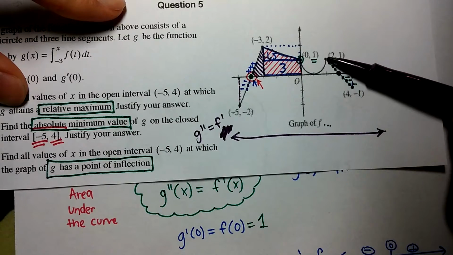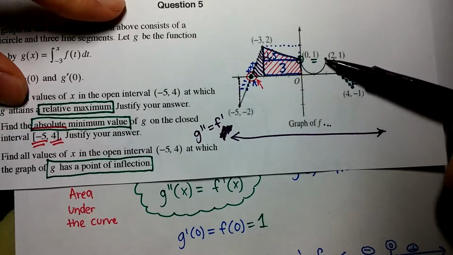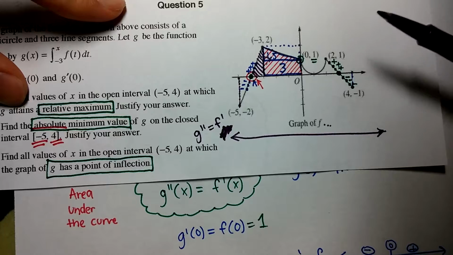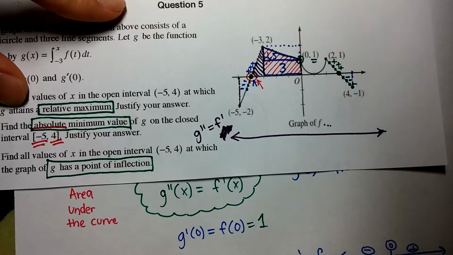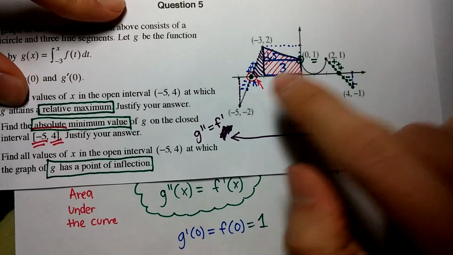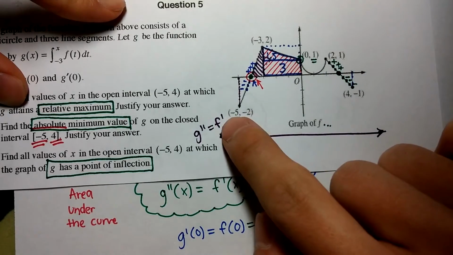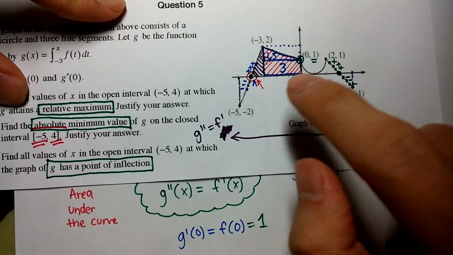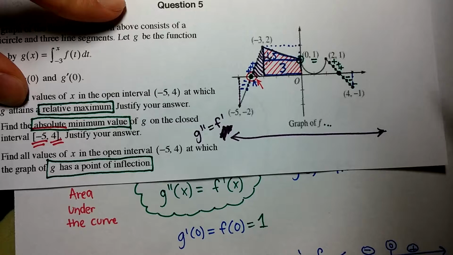And we also have a cusp, a pointed curve here. But remember, those can still be a max or min. All right. So all I care about, again, when I derive f for f prime is the derivative, the tangent lines. So let's get those tangent lines.